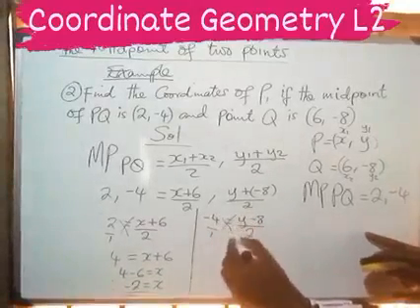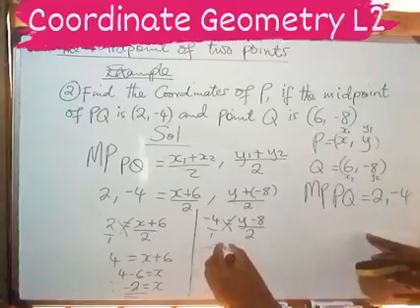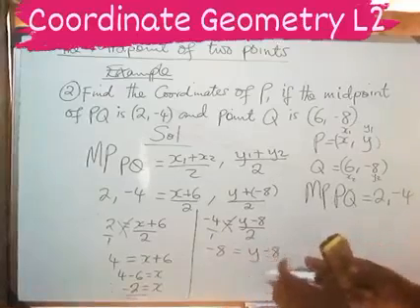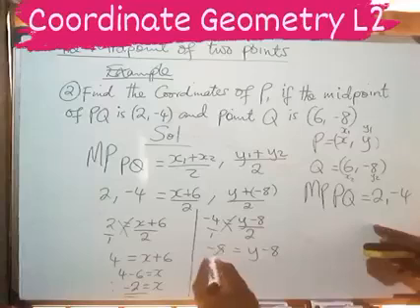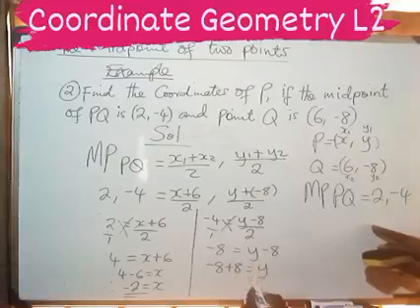We cross multiply, meaning 2 times negative 4 will be negative 8, which is equal to y minus 8. This negative 8 will go to the other side, meaning it will now become plus 8, equal to y.